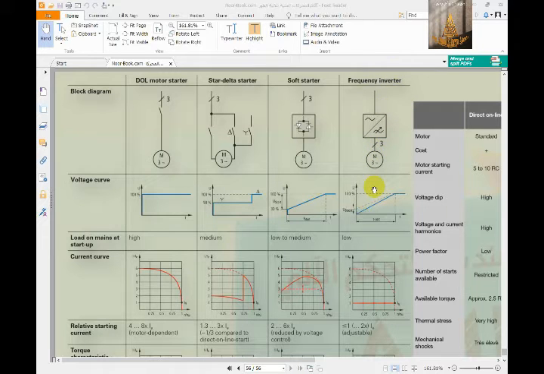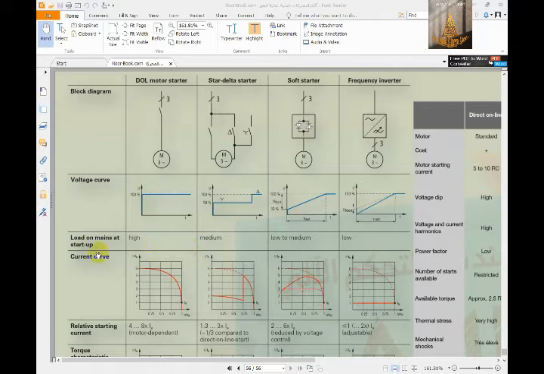So the only one that starts from 0 voltage to 100% is the frequency inverter, but the soft starter never starts from 0. Okay, you have to remember this. This is important.